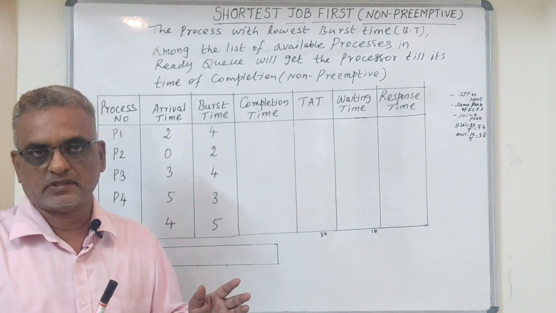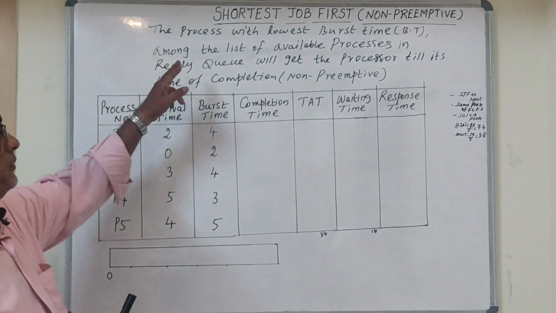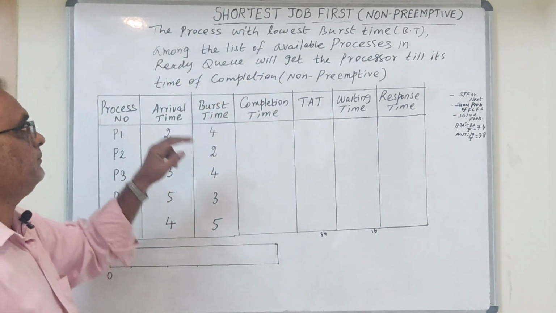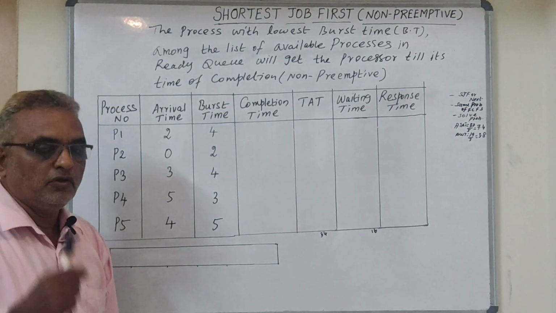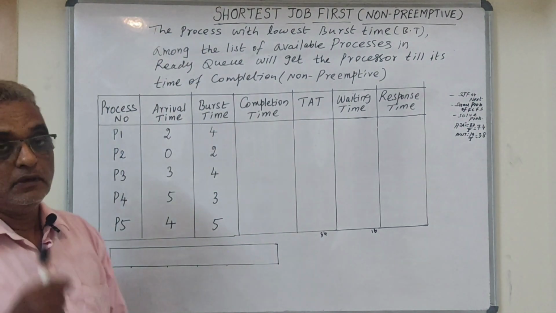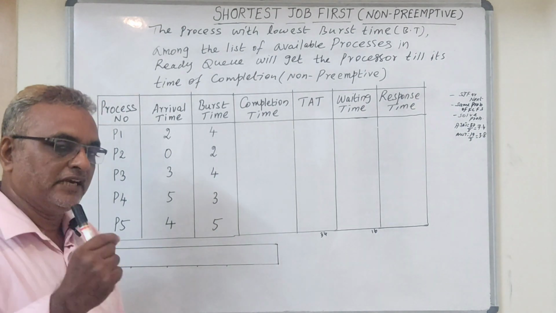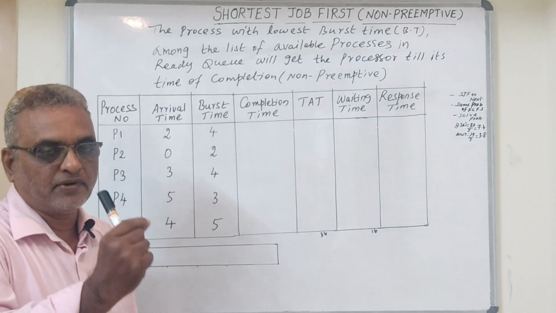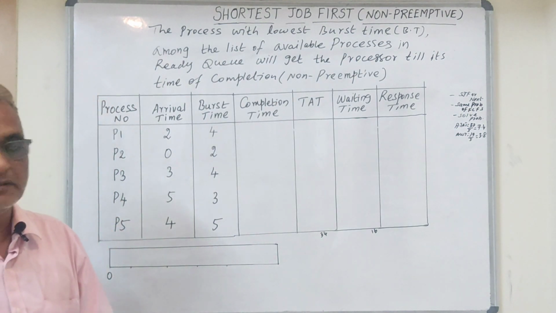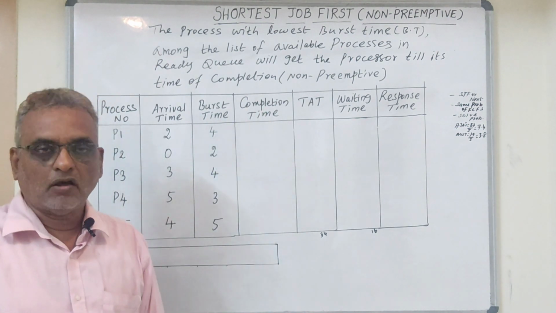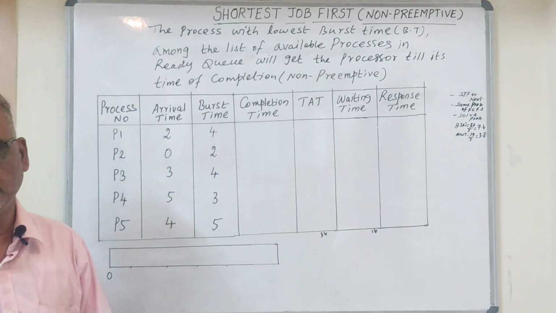The process with the lowest burst time among the available processes in the ready queue will get the processor, and till its completion the processor stays allocated to it, because it is non-preemptive scheduling.